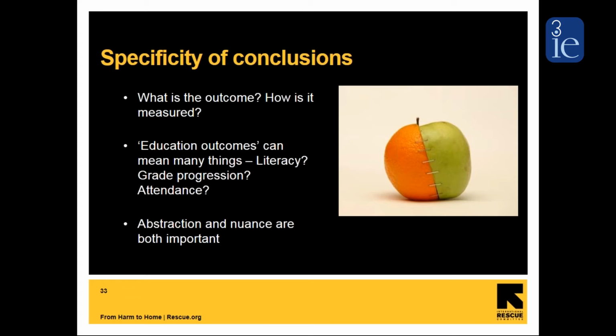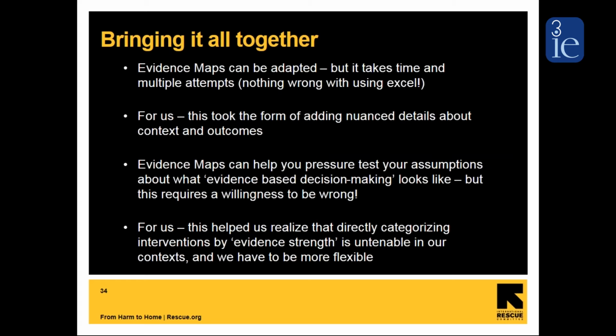If a review says that something has an impact on learning outcomes, I want to know what they're talking about. Does that apply to literacy scores, as well as language skills, as well as grade progression? These nuances are important because the problems that we seek to address are nuanced.